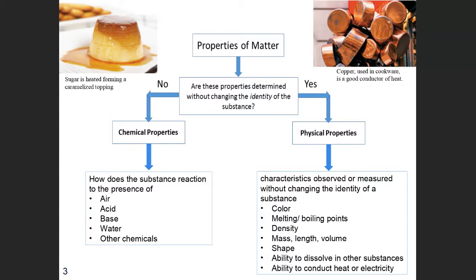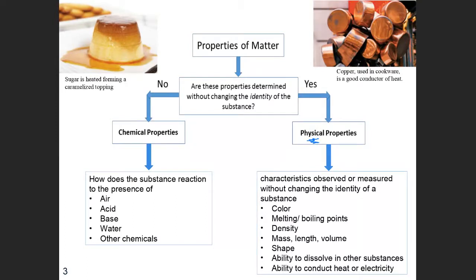When I'm speaking about physical properties of the matter, I'm talking about the characteristics of the matter which is observed, but there is no change in the identity of the substance. For example, when I'm talking about the color of the matter being red, we are speaking about a physical property.